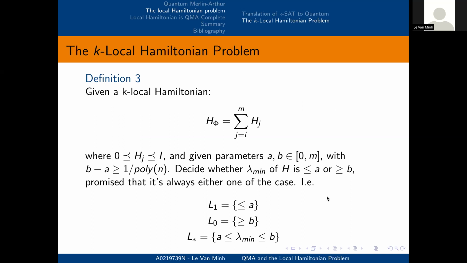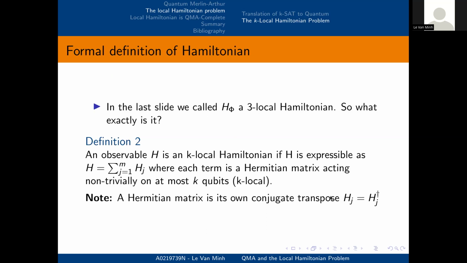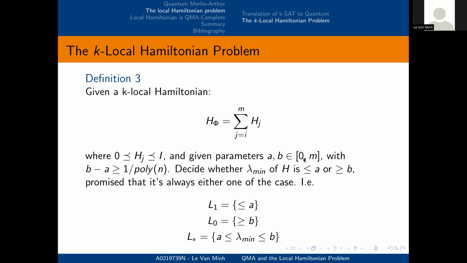And with that definition of a k-local Hamiltonian, here is what the k-local Hamiltonian problem is. We are given one k-local Hamiltonian, where each term Hj is a positive semidefinite matrix, and the identity minus Hj is also positive semidefinite.